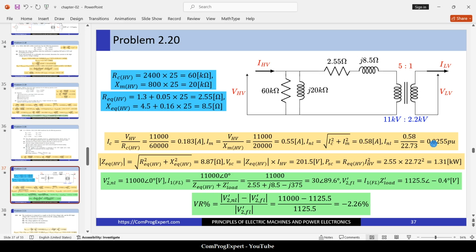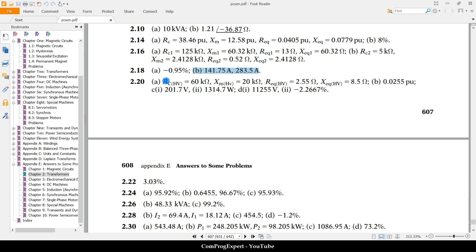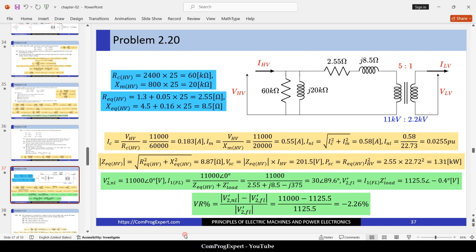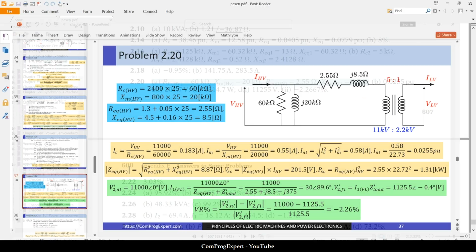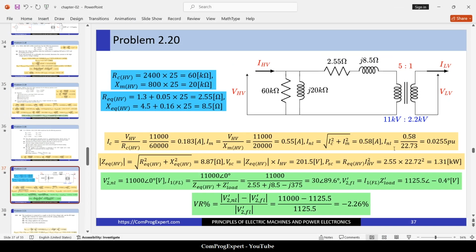Yes, the value of the no load current is low. Also, at the same time, let's check the numbers here for this problem. The part A, yes, we calculated these numbers, the parameters of the equivalent circuit. This is the per unit value of the no load current. The same numbers that we calculated here.